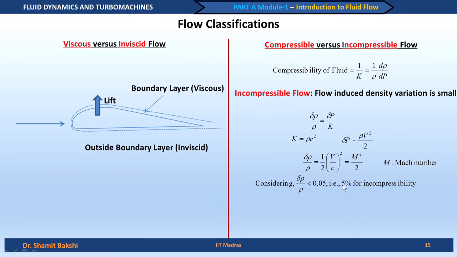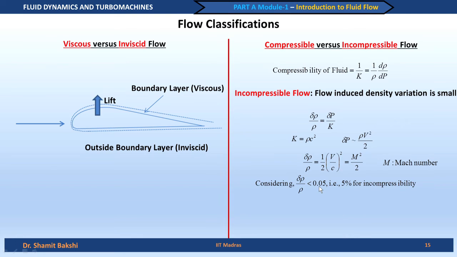We can call it compressible if the relative change in density is more than 5%. So, here as we are trying to find out the criteria for incompressible flow, we can say delta rho by rho should be less than 5% or 0.05, for the flow to be incompressible.